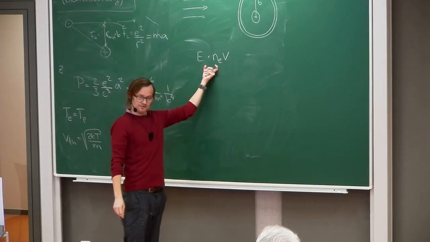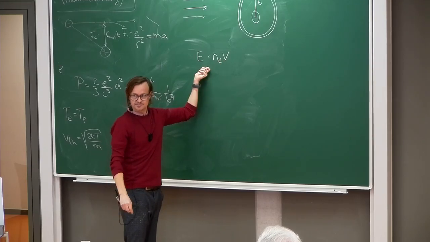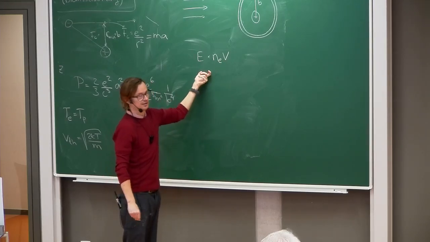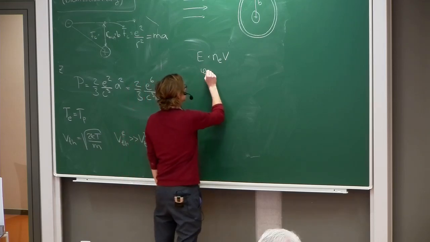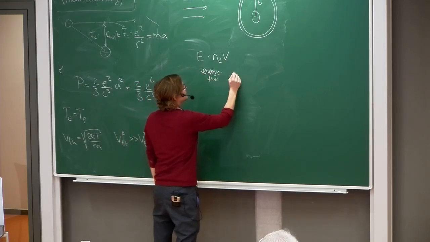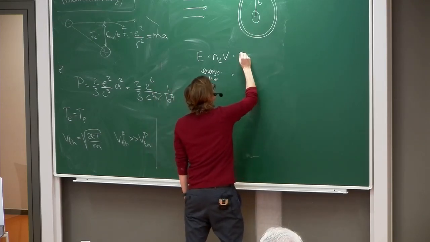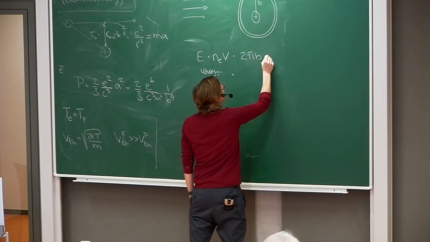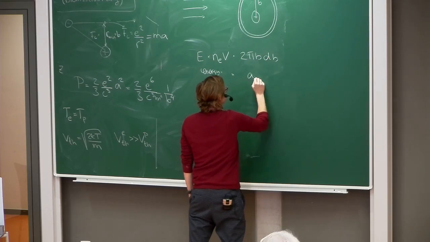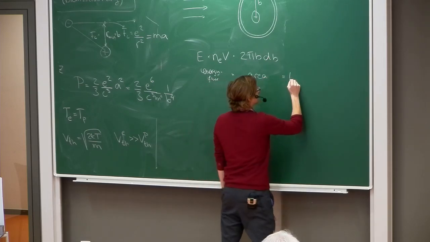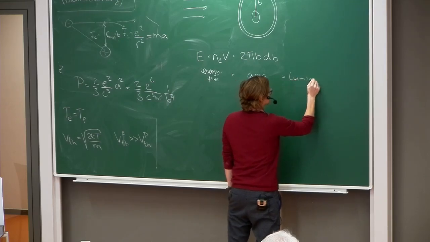Then we have an energy flux, the number flux times the energy of one of them becomes the energy flux, and the energy flux times the area 2 pi b db. Well, that we know is our luminosity or our power from this whole swarm then.